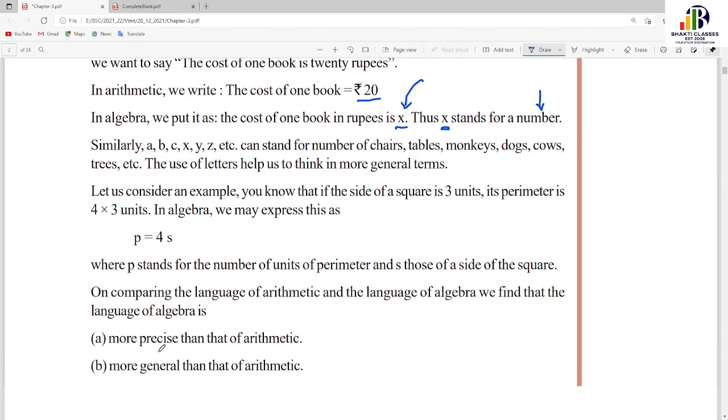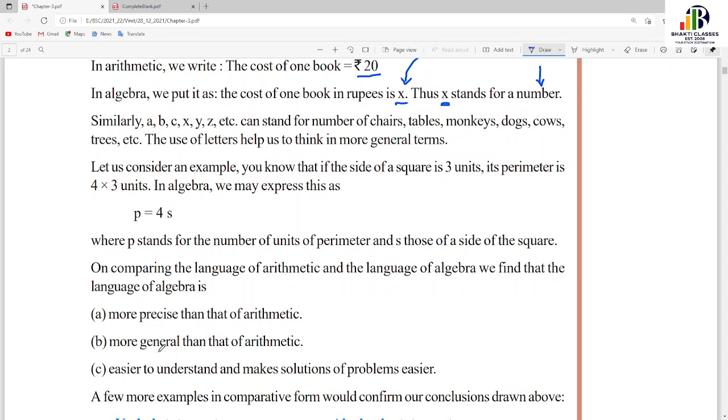Let us consider an example. You know that if the side of the square is 3 units, then its perimeter is 4 into 3 units. Do you know the definition? Perimeter of a square is equal to 4 into its side length.